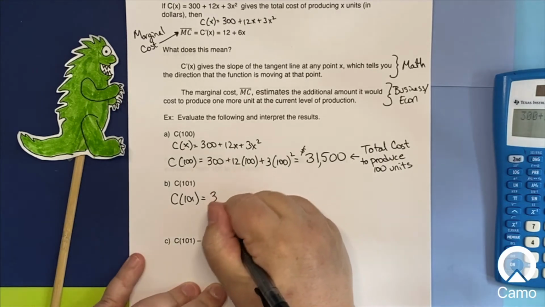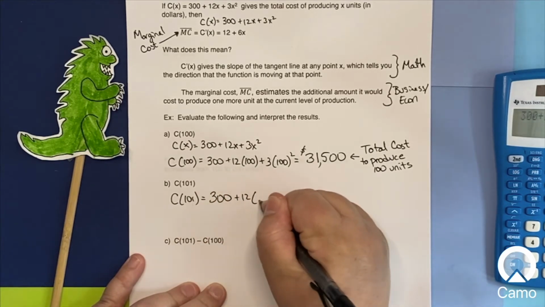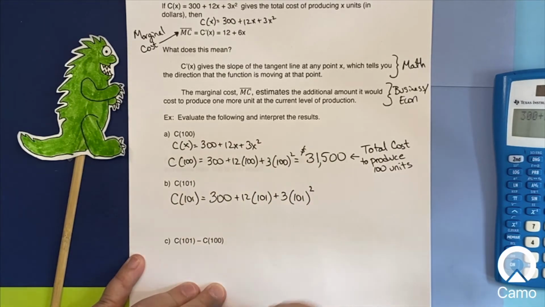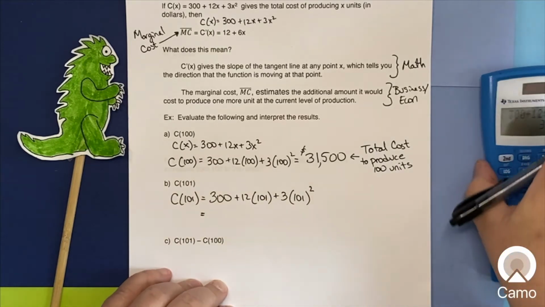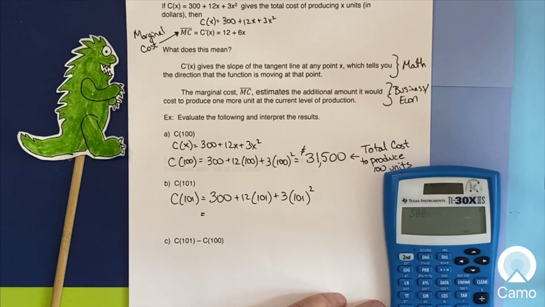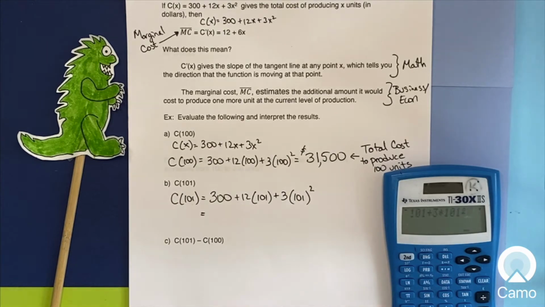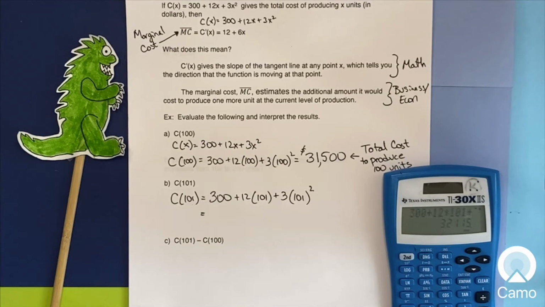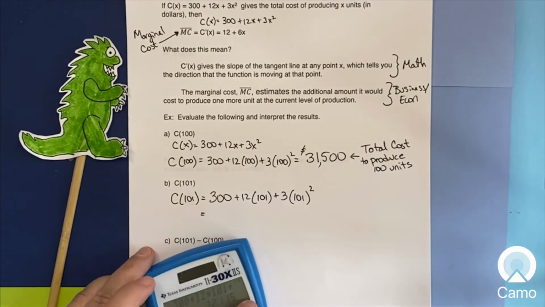This is the moment where I wish this were a class where I had access to giving you all graphing calculators, because this all becomes so much easier with the graphing calculator. And I get 32,115. We were told this is in dollars. So this is the total cost to produce 101 items.